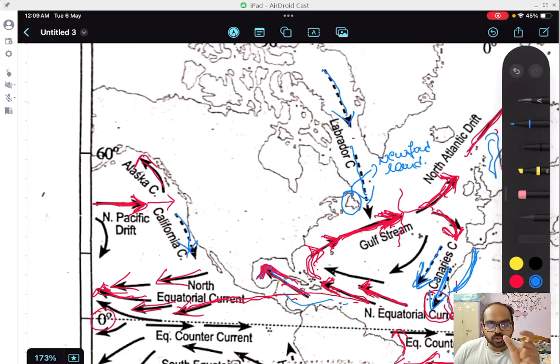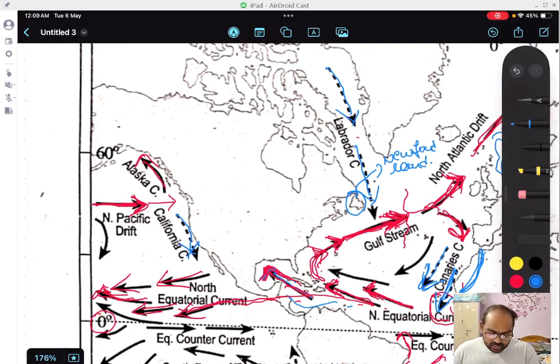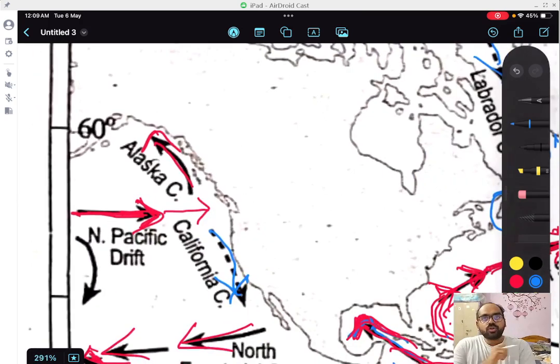The California current is cold in nature. The Alaska current is warmer in nature. Why? Due to upwelling of water. Upwelling of cold waters rises at the California current, and the Alaskan current will be warmer compared to the California current. So, the North Pacific Drift divides into the Alaska current and the California current.